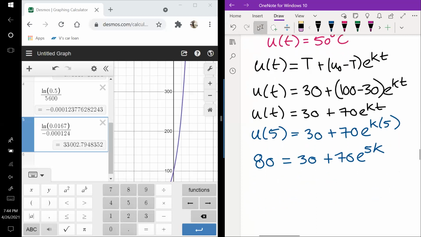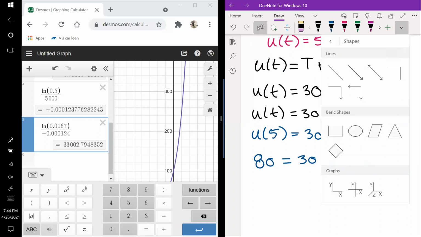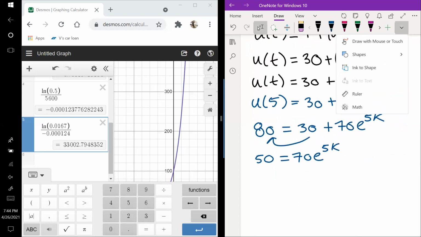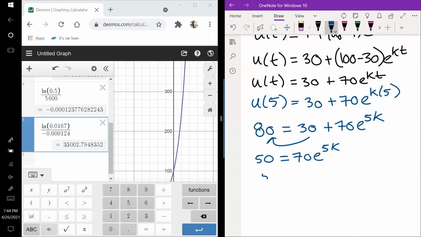All right. Move that 30 over. We get 50 equals 70 times e to the 5k. Divide by 70, and we will get 5 over 7 equals e to the 5k.